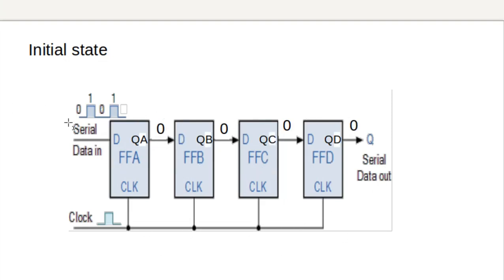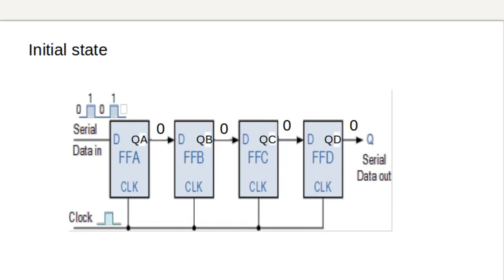So for that, first of all, we have to enter this one here and then apply a clock pulse. So when we apply the clock pulse to a D flip-flop, whatever be the data at its input will be shifted to its output.